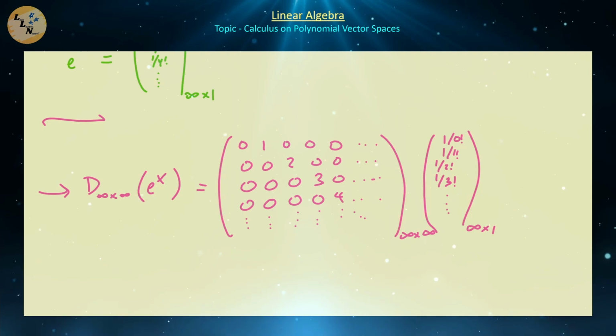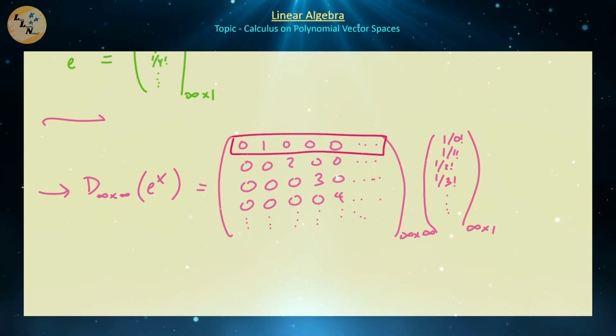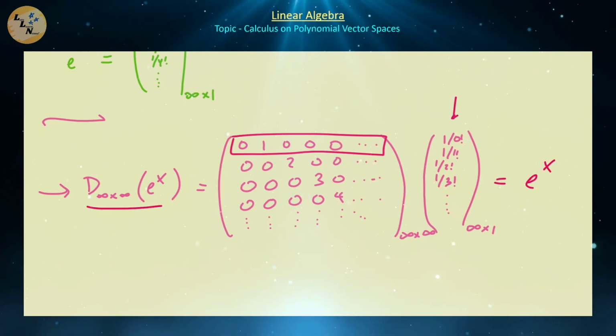Because there's only one non-zero element in each of these rows, so you should be able to figure out which entry of the column vector we're actually multiplying. You should be able to see that this is going to be equal to the same vector that is here. I.e., you should be able to verify that the derivative of e to the x is equal to e to the x, even if we apply this from the polynomial perspective, which is actually quite interesting.